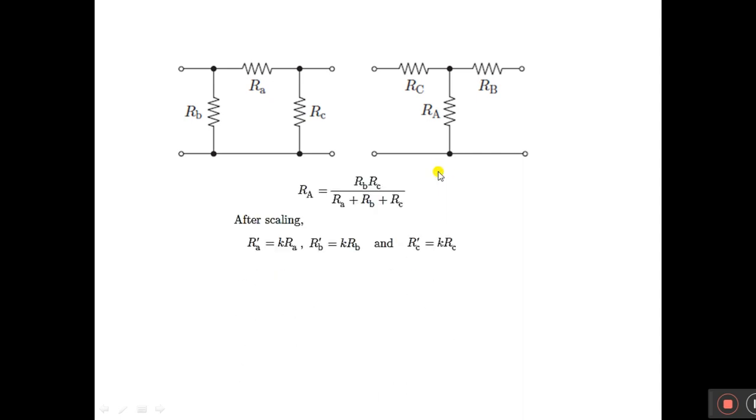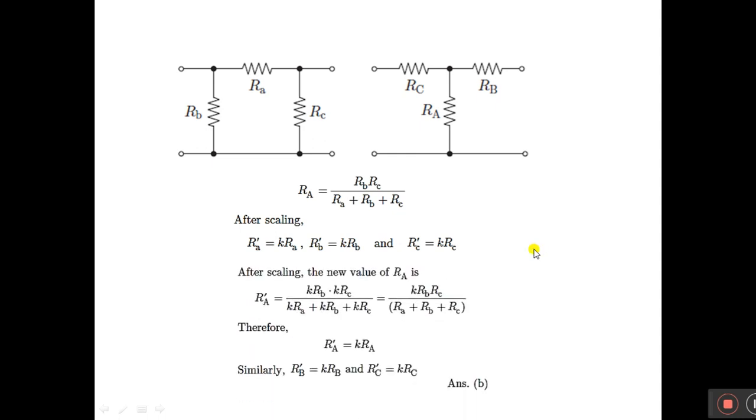So accordingly, with this delta network and this star, suppose I want to calculate RA. I can easily calculate RB into RC divided by RA plus RB plus RC. The question itself says each delta value is multiplied by K. So RA dash becomes K into RA, RB dash equals K into RB, RC dash equals K into RC.